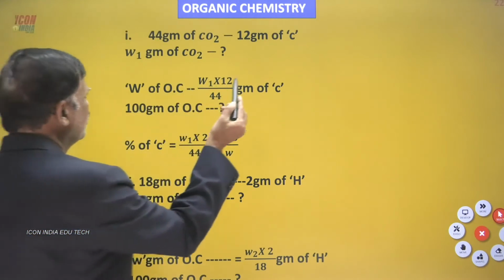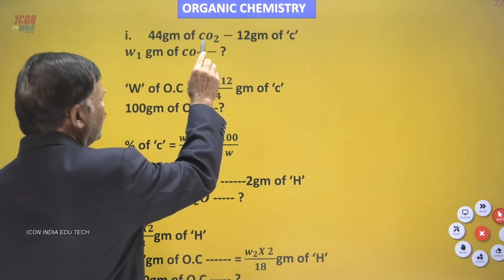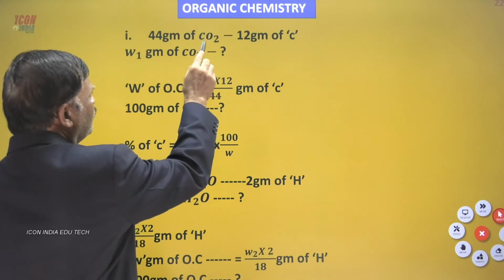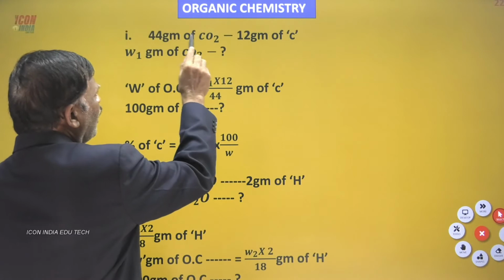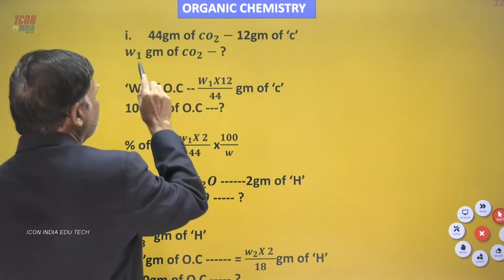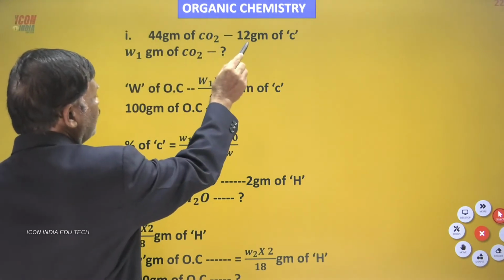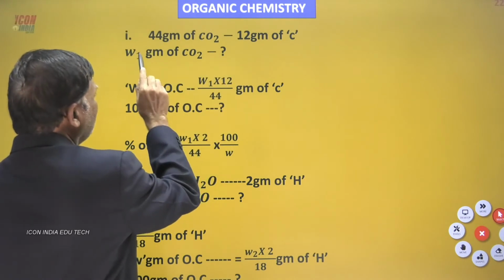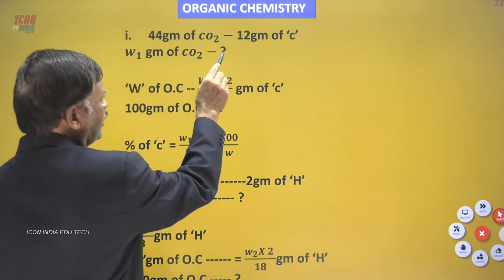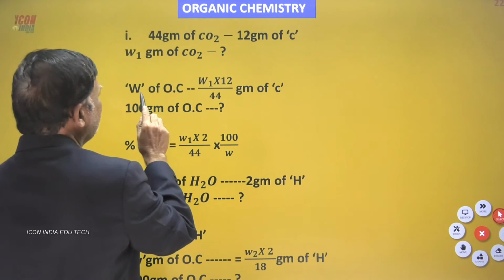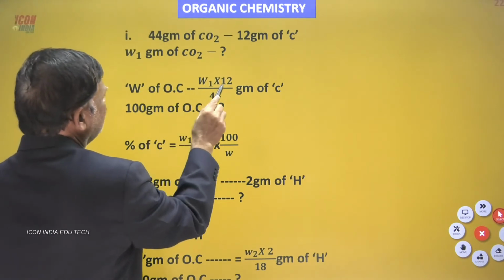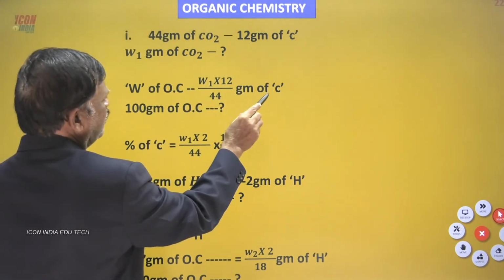For example, carbon dioxide has molecular mass 44, that is 12 plus 32, so out of 44, carbon is 12 grams. If 44 grams contains 12 grams of carbon, W1 grams of carbon dioxide contains how much carbon? That is W1 into 12 by 44 grams of carbon.